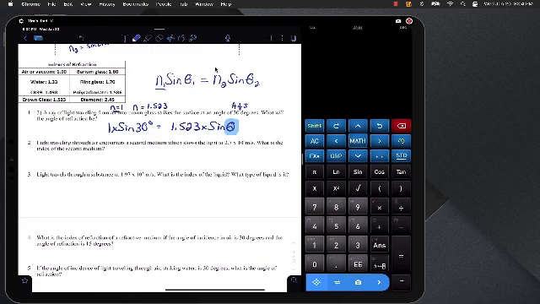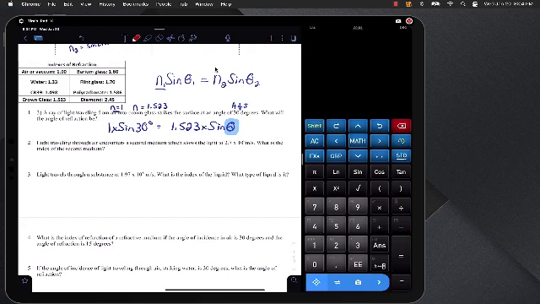I would really suggest that you rearrange your equation first before you start plugging it into the calculator, because we have to find the angle, not the trigonometric value.